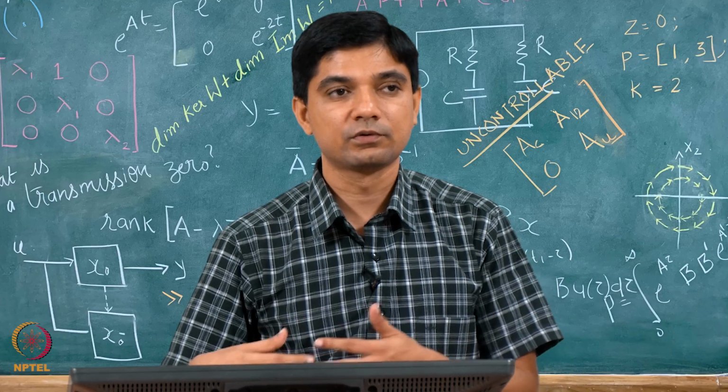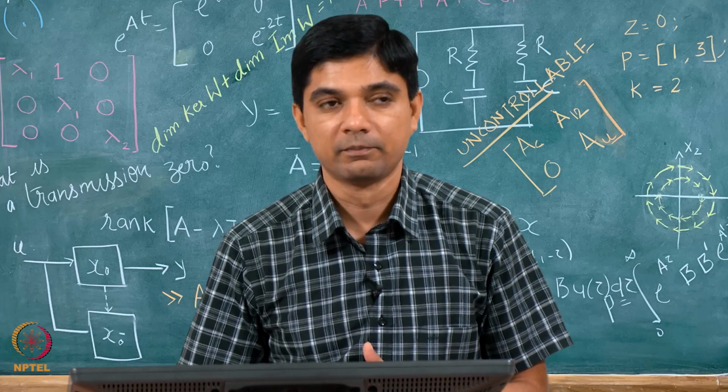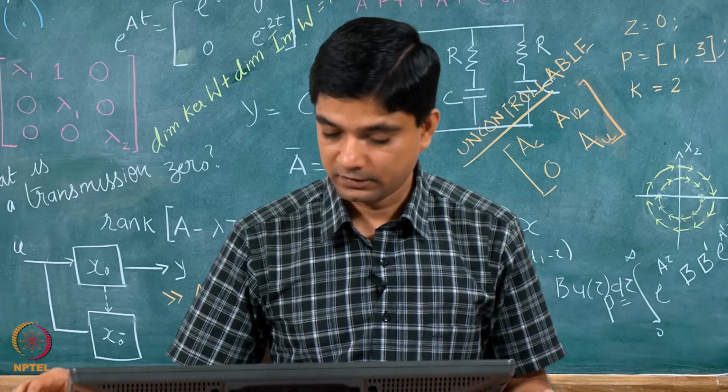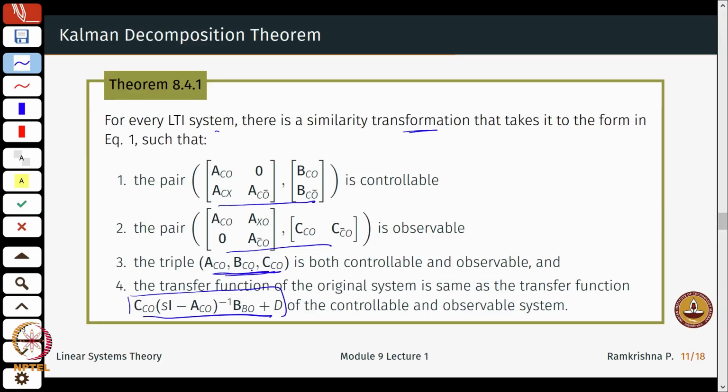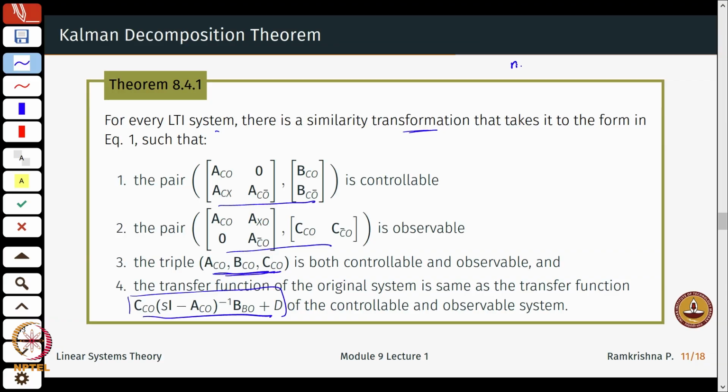So, this leads us to define the concept of a minimal realization, because if I look at this system here, the system is of dimension n, so you would expect that there will be n poles in the system, whereas if I derive the transfer function, it will just have poles from the controllable and observable part.